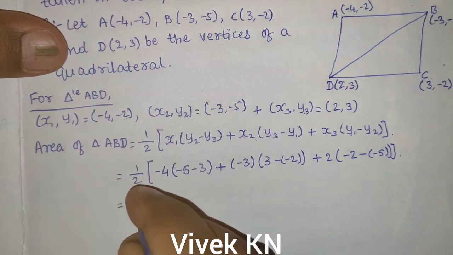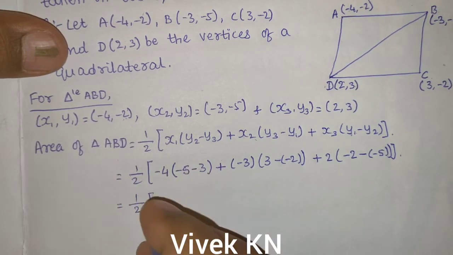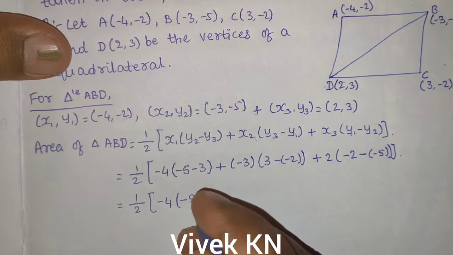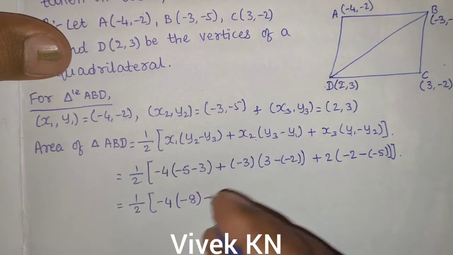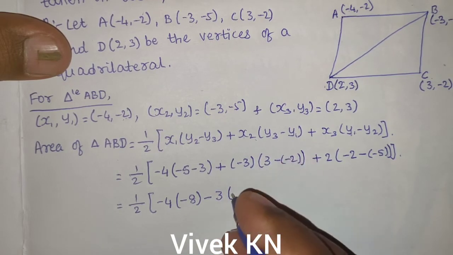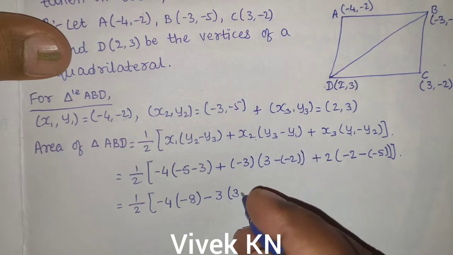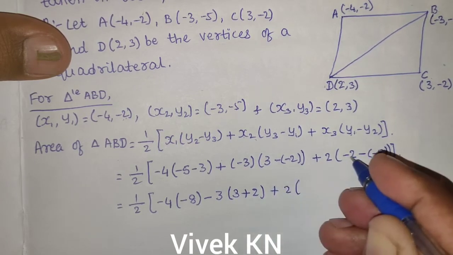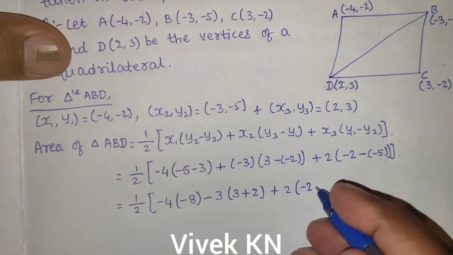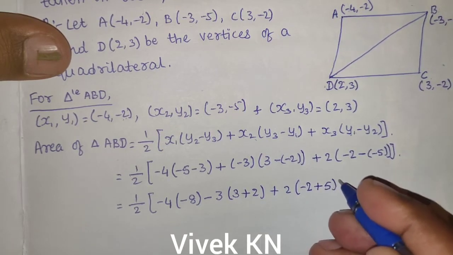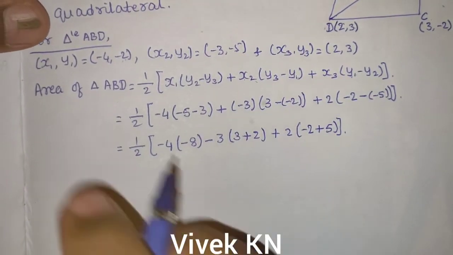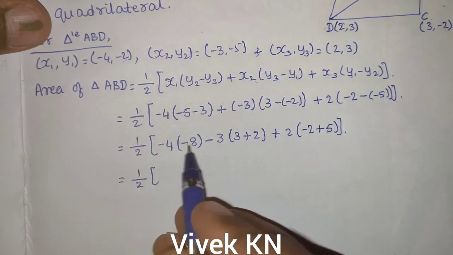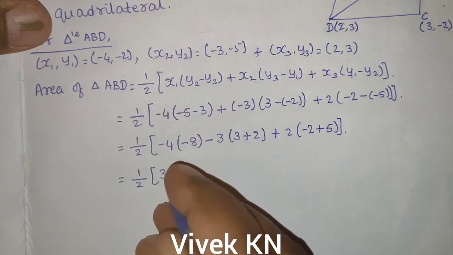which is equal to 1 by 2 into minus 4, adding minus 5 and minus 3 we get minus 8, plus minus 3 into 3, minus into minus plus 2, plus 2 into minus 2 minus into minus plus 5, which is equal to 1 by 2 into minus into minus is plus, 4 8s are 32.